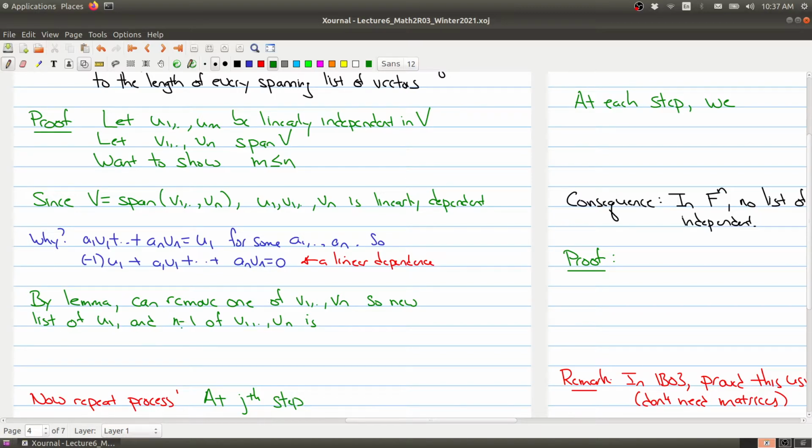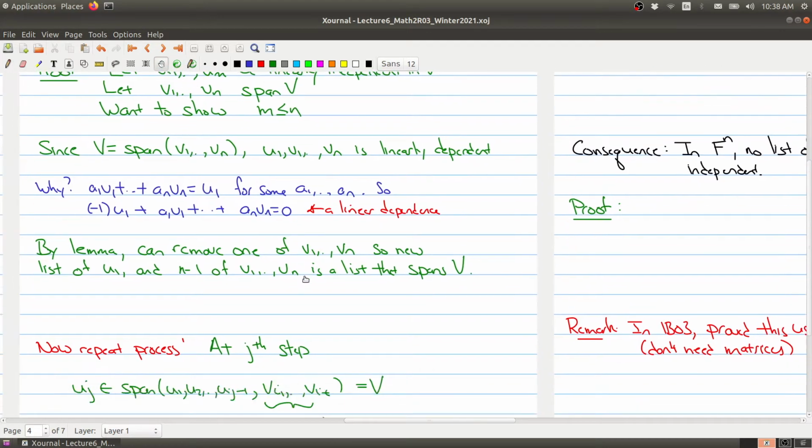So u1 and n minus 1 of the v's is a list that spans V. We have a linear dependence, and u1 isn't going to go away because u1 is a single non-zero vector, so it's not linearly dependent when we start. Then we add v1, and then v2, and then v3. At some point we'll find a vi that can be written in terms of the smaller ones. That's why we were getting rid of a v.